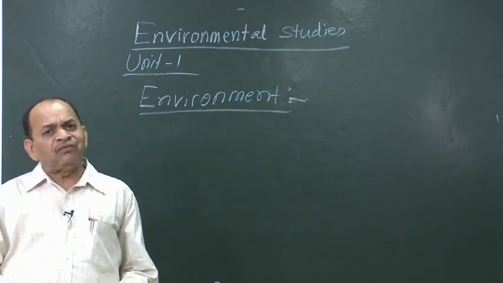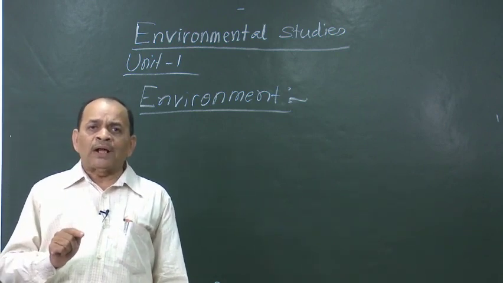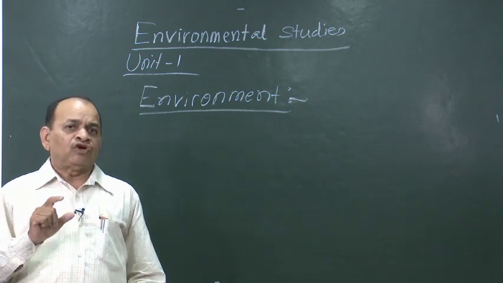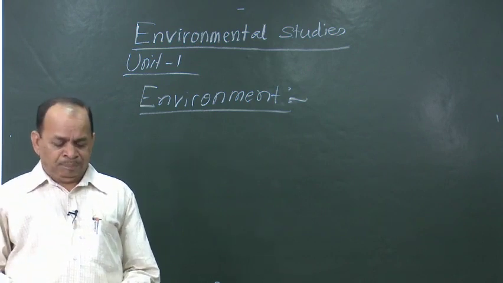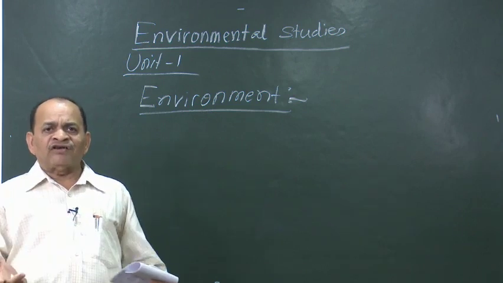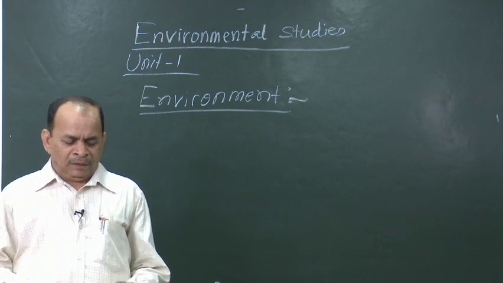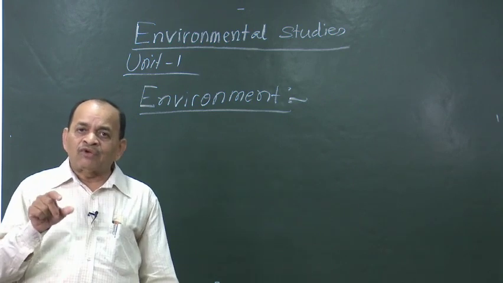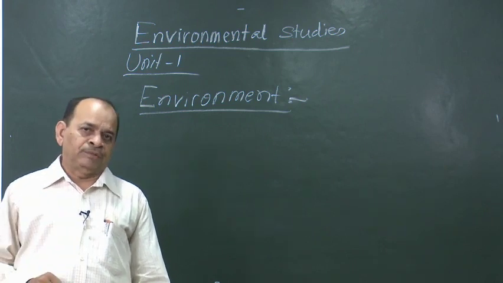Now, we can define environment as the sum total of living and non-living components, influences and events, all the processes occurring in that medium surrounding the organism. That surrounding is known as the environment.